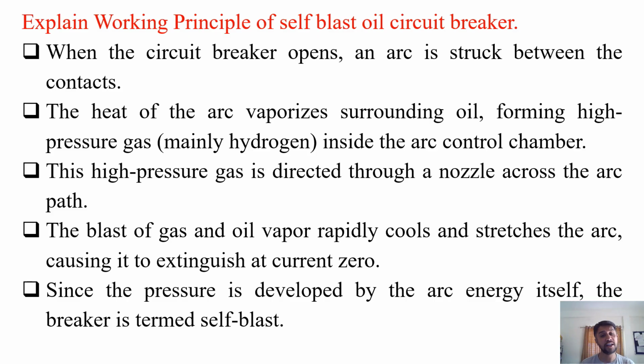This high pressurized gas is directed through a nozzle across the arc path. The blast of the gas and oil vapor rapidly cools and stretches the arc, causing it to extinguish at the current zero interval. Since the pressure is developed by the arc energy itself, the breaker is termed as self-blast oil circuit breaker. So this is how the self-blast oil circuit breaker works.